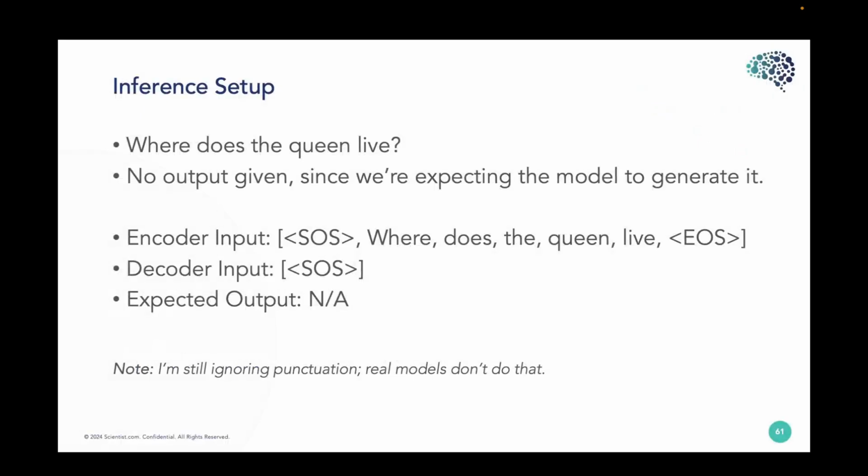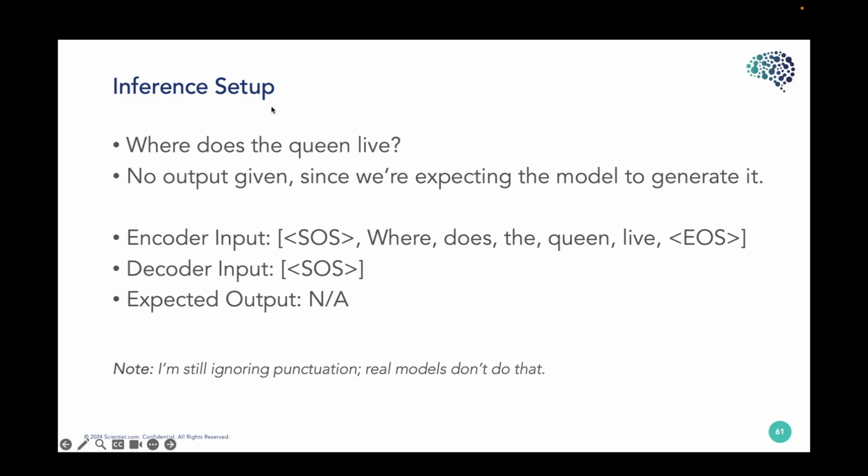So how do we use that? Now that we've trained our transformer, how do we use that to generate text? That's called inference. The setup for inference is very similar to the setup for training. This time we don't have an expected output, because we want the transformer to give us the output, but we do have an input. Where does the queen live?